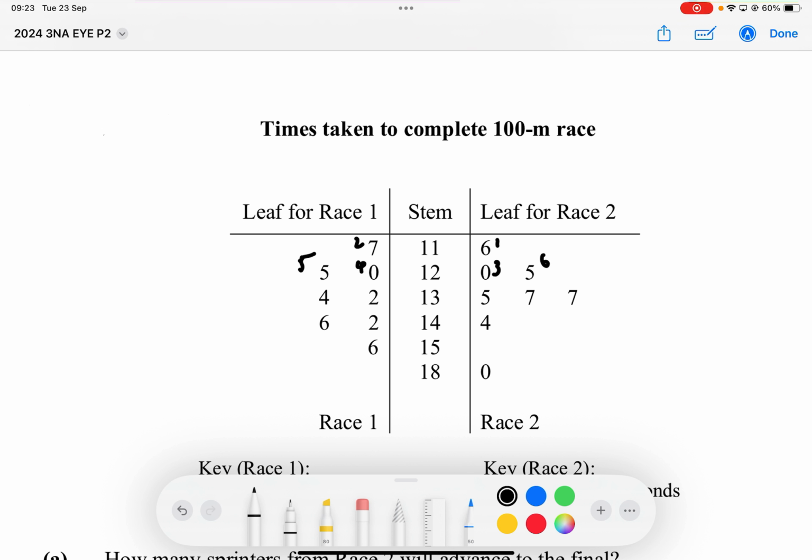Then the last two should be 13.2 and 13.4, because 13.4 is still smaller than 13.5. So the fastest 8 will be 1, 2, 3, 4, 5, 6, 7, 8.